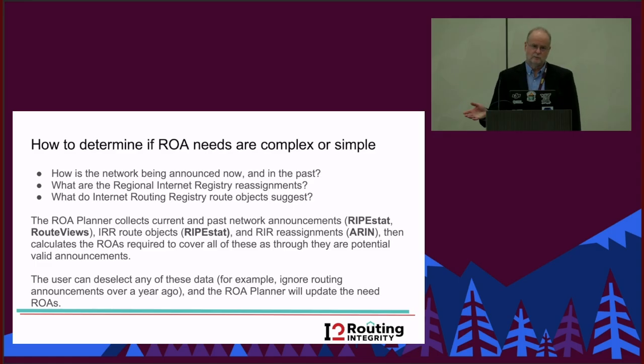So what the ROA planner does, after you enter a prefix that you want analyzed, is reach out to RIPEstat and RouteViews to get current and past network announcements. We include RIPEstat because they provide a convenient API to get a good long history of what they've seen.